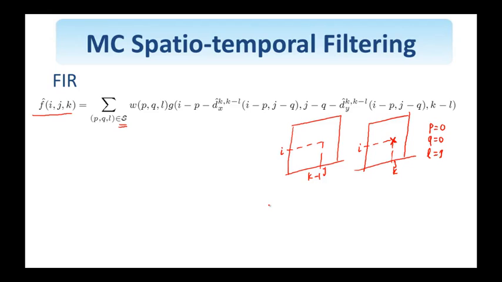In finding this filtered value, I will not consider this pixel here, but instead its motion compensated version.